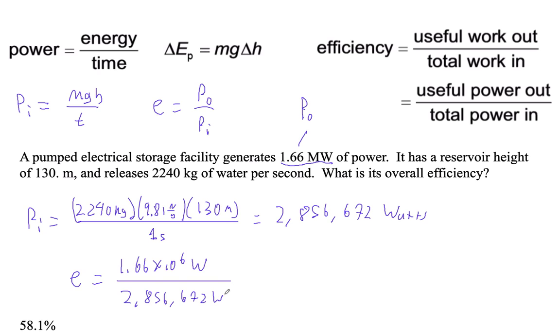So let's see, hold on here. 1.66 E6 divided by the number I just got is 0.581, which is 58.1% per 100, right? Ta-da.